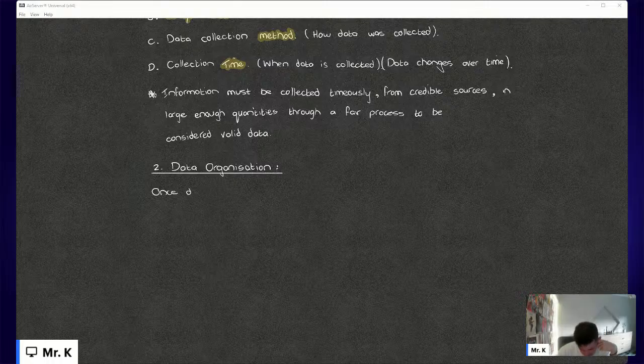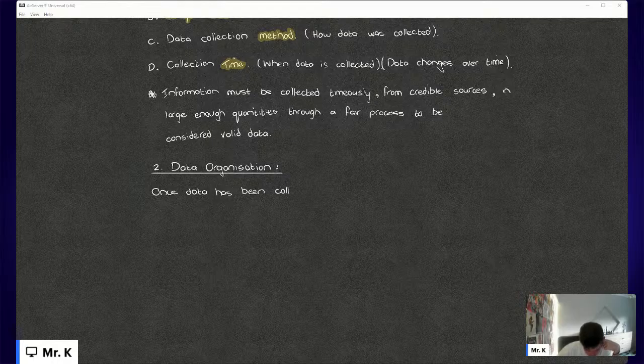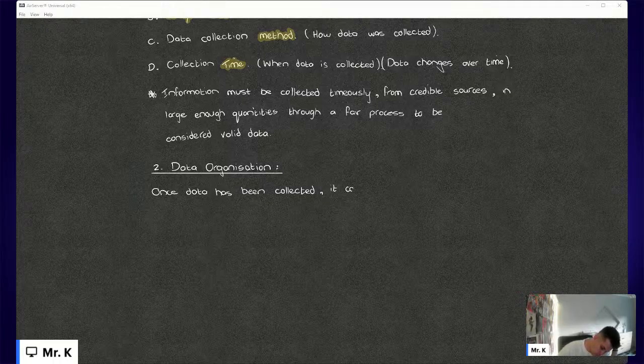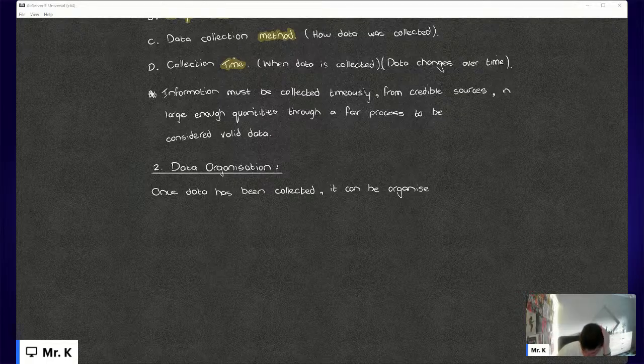Once data has been collected, it can be organized in a variety of ways.